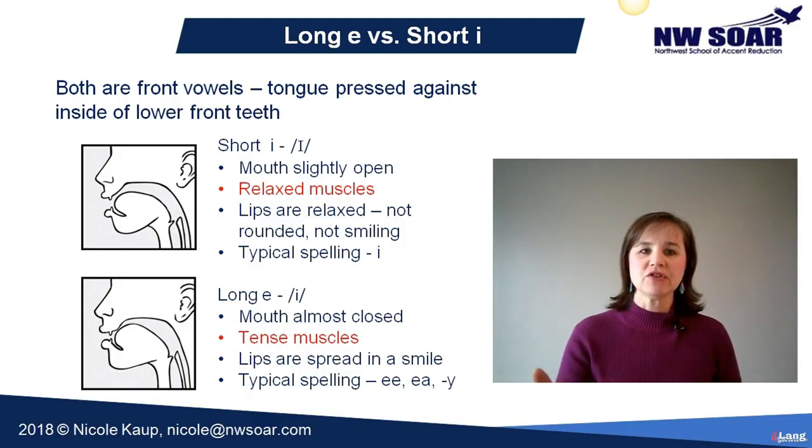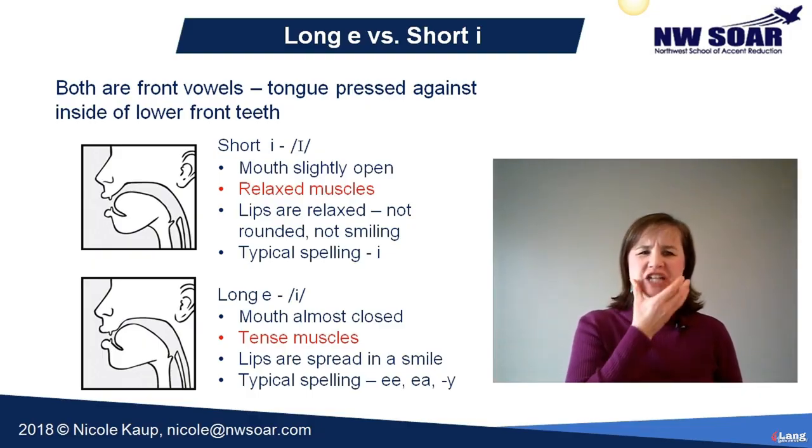So let me give you a quick example between the two. The first one, I. Take a look at my face and how relaxed it is and how low pitched that sound is. I. Now take a look at the long E. Notice my face. E. You very clearly see a big smile.